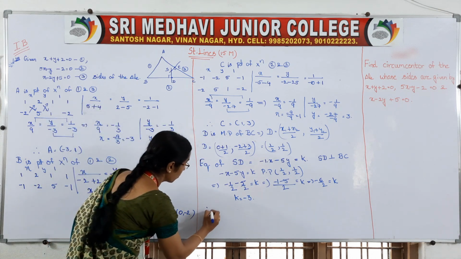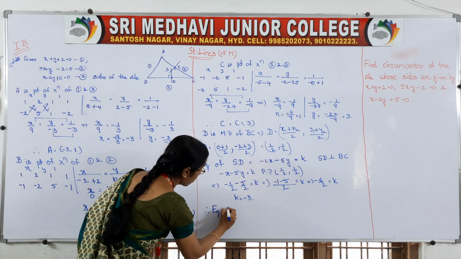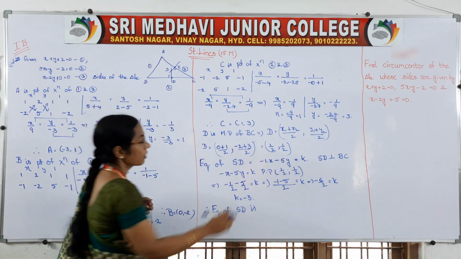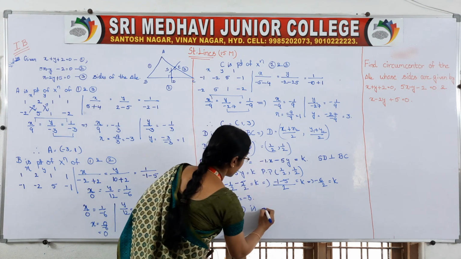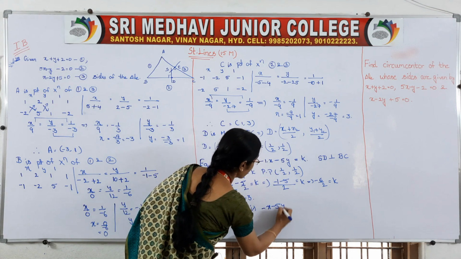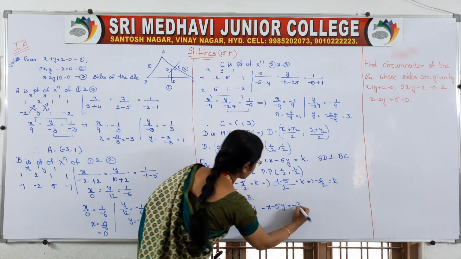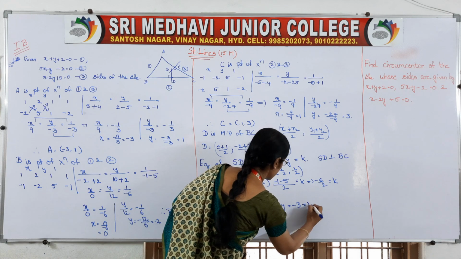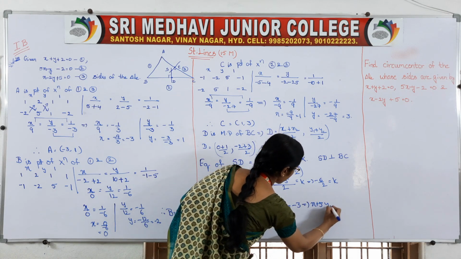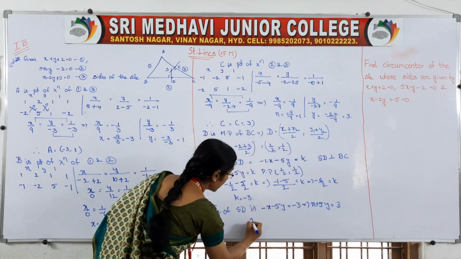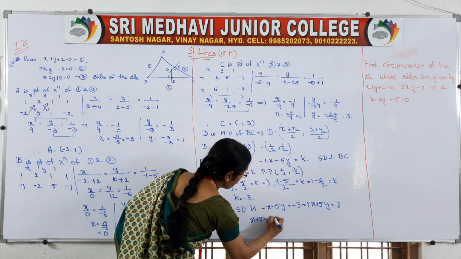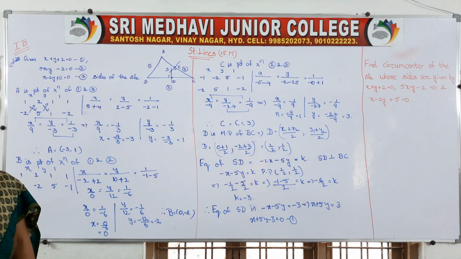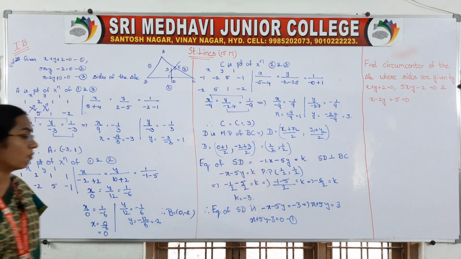Therefore, the equation of SD is minus x minus 5y is equal to minus 3. Minus will cancel, as both sides have minus. So it is x plus 5y is equal to 3, and x plus 5y minus 3 is equal to 0. Consider this as your equation number 1.